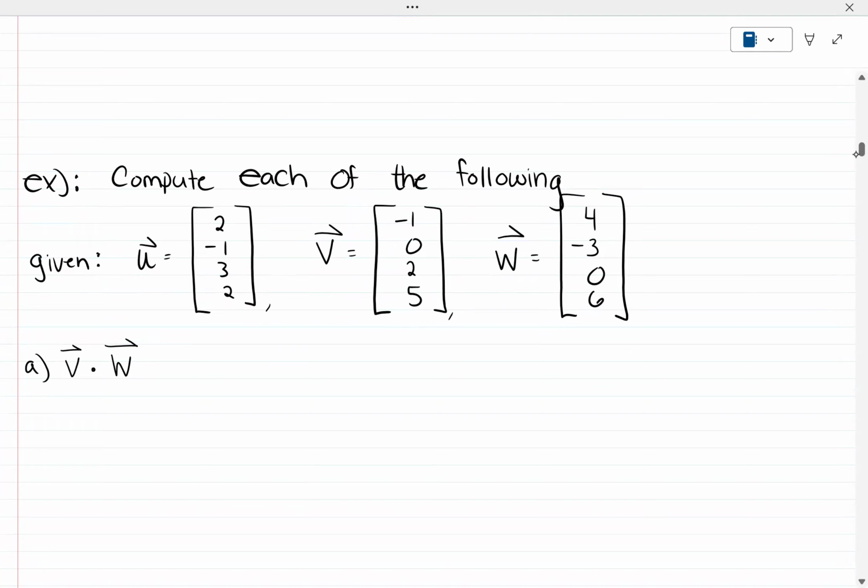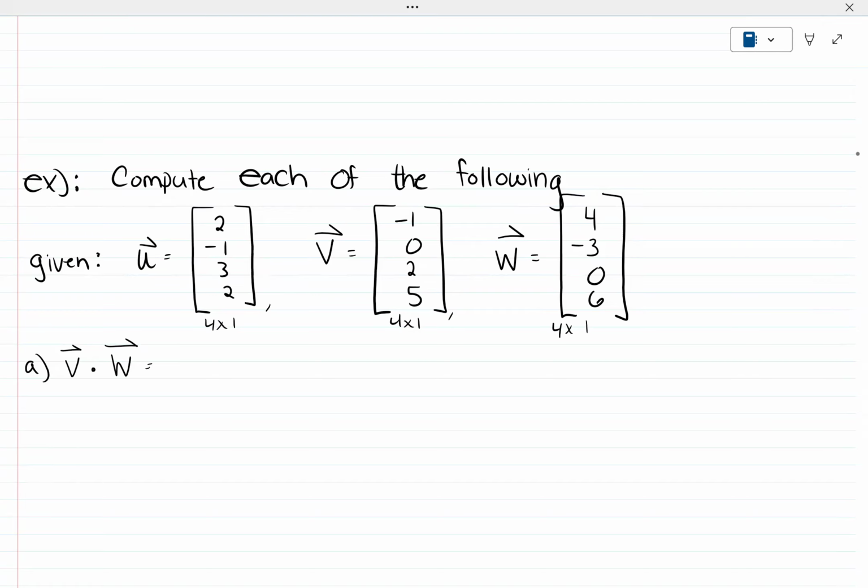Let's do an example. Let's say we are given three vectors. Vector u is a 4 by 1 matrix, and vector v is also 4 by 1, and vector w is also 4 by 1. What they want you to do is some multiplication. What would be vector v times vector w? Can we multiply those two vectors out?